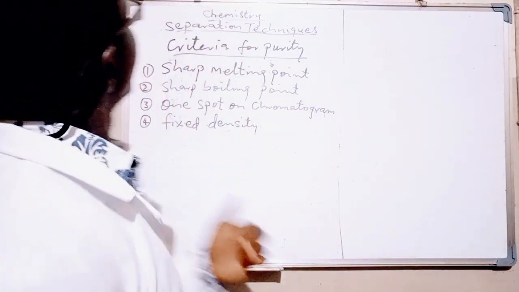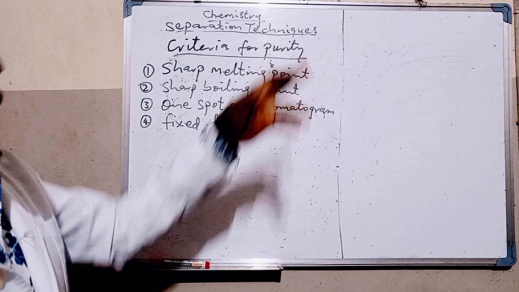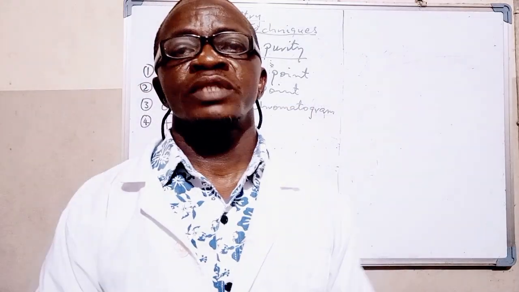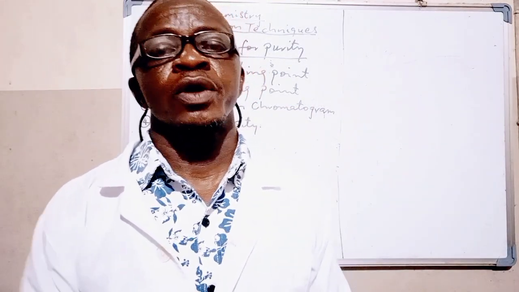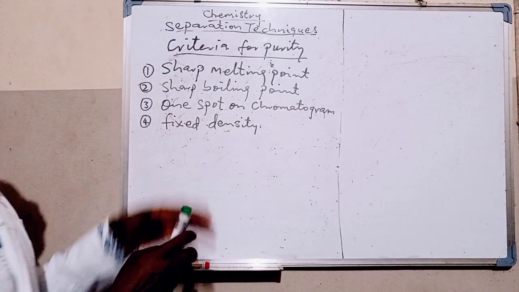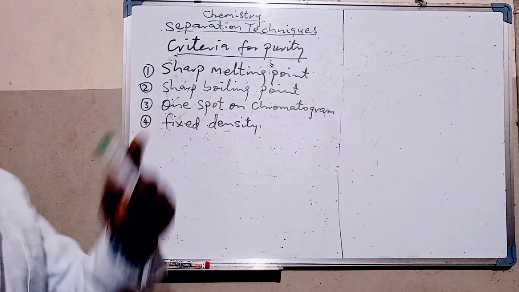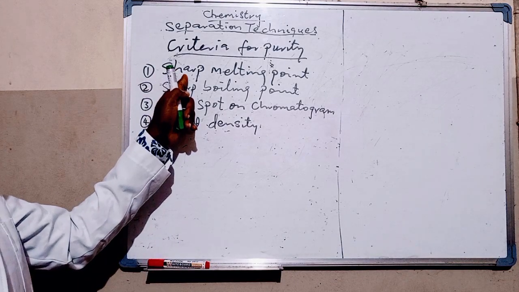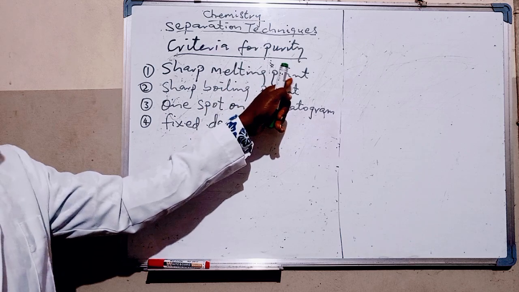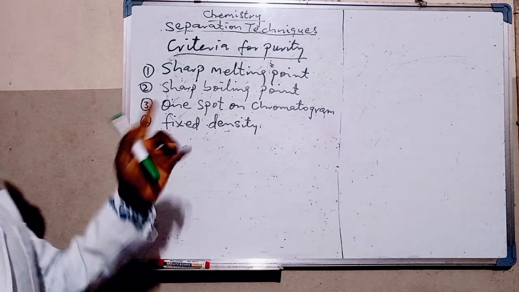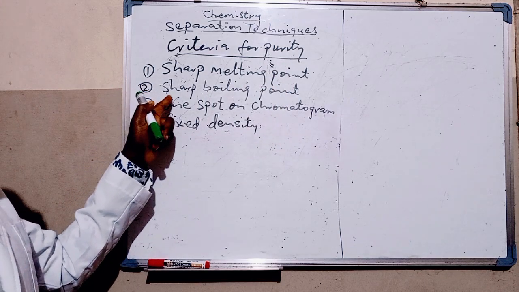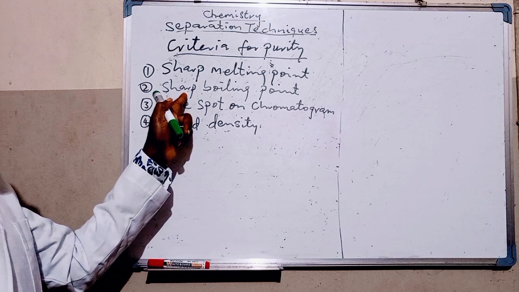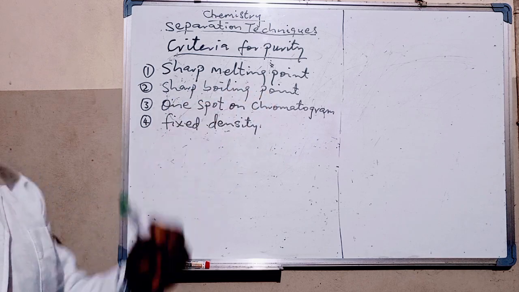Next is criteria for purity. How do we know whether a substance is pure or impure? Now, if the substance is solid, it will have a sharp melting point. If the substance is liquid, it will have a sharp boiling point.